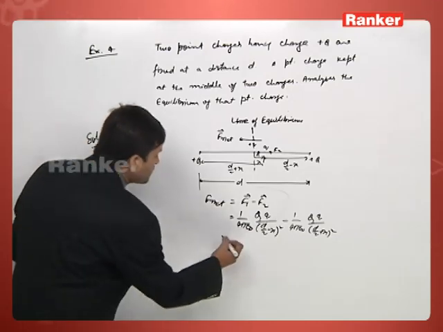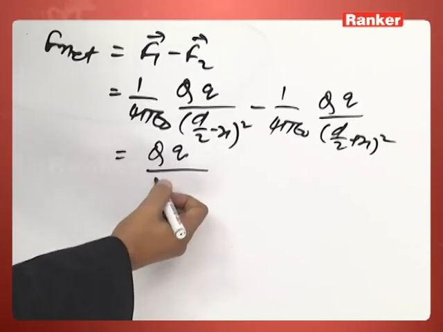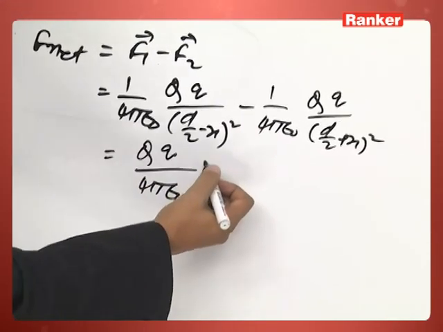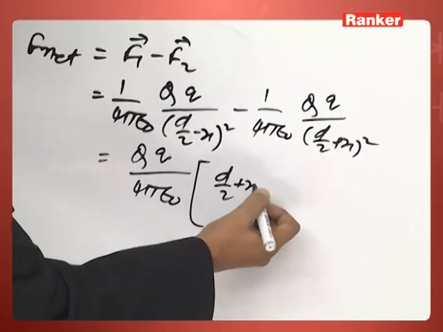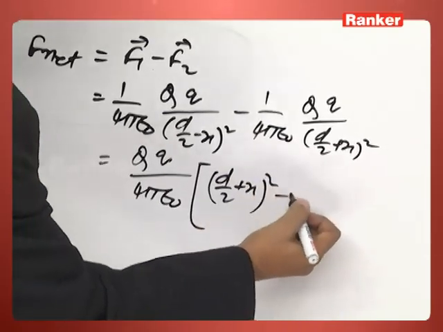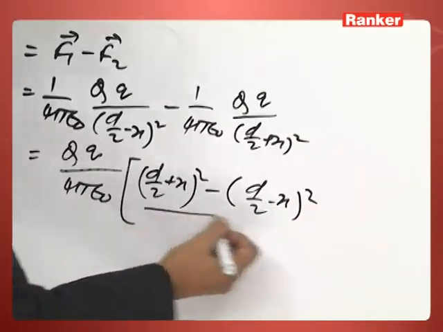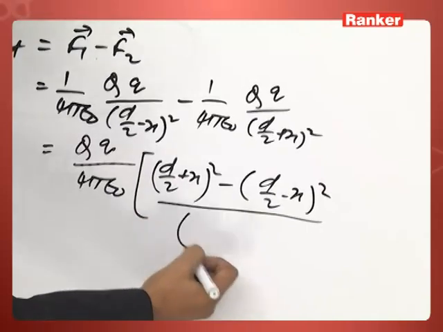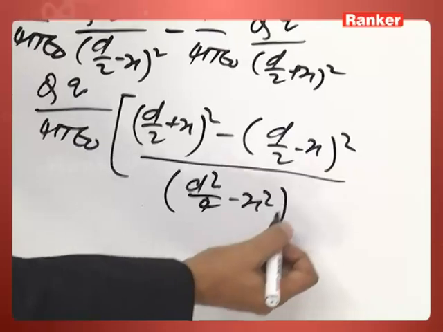Now when we are simplifying this, q by 4 pi epsilon naught, this will be your (d by 2 plus x) minus (d by 2 minus x) whole square by (d square by 4 minus x square).